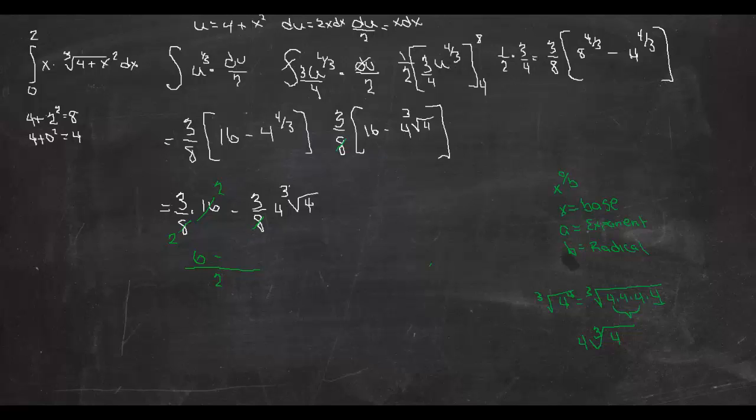So let's undo this here. 8 going to 8 one time, and 8 going to 16 two times. So that 2 comes from this 8 on the bottom here. Okay, 4 going to 4 one time, 4 going to 8 two times, and then we're left with 3 times the cube root of 4.